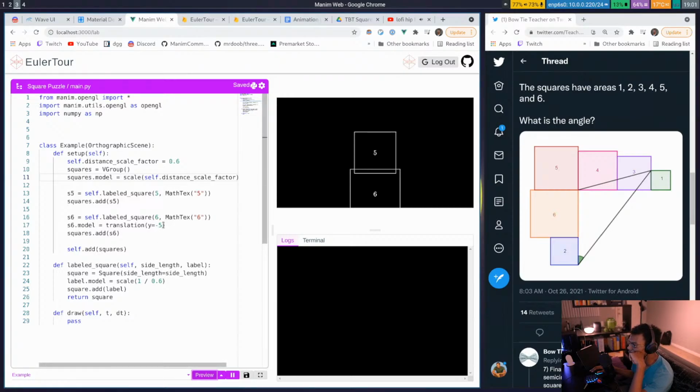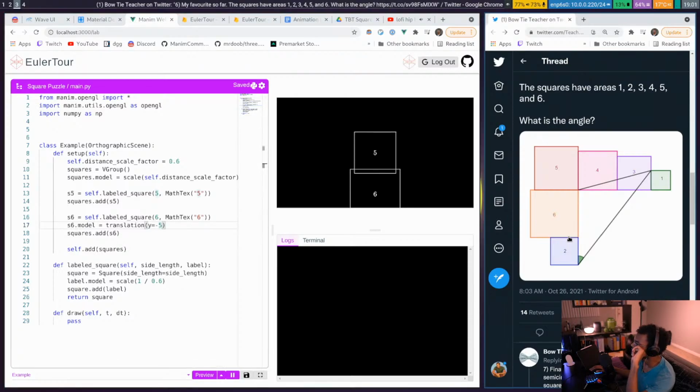This should be, would it be 6? This is at the center. I essentially want to move the top edge of the 6 square to the bottom of the 5 square.